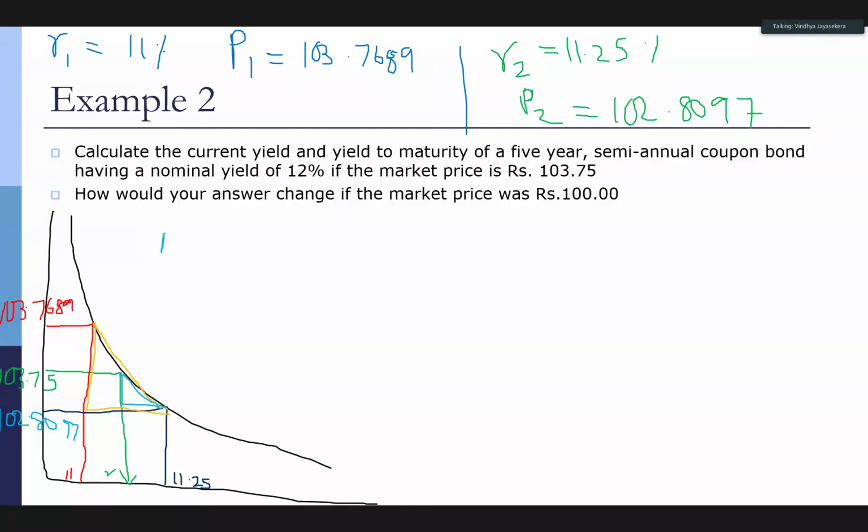So we know that the slope of the triangle, delta y divided by delta x, change in y divided by change in x, of the yellow colored triangle is what?